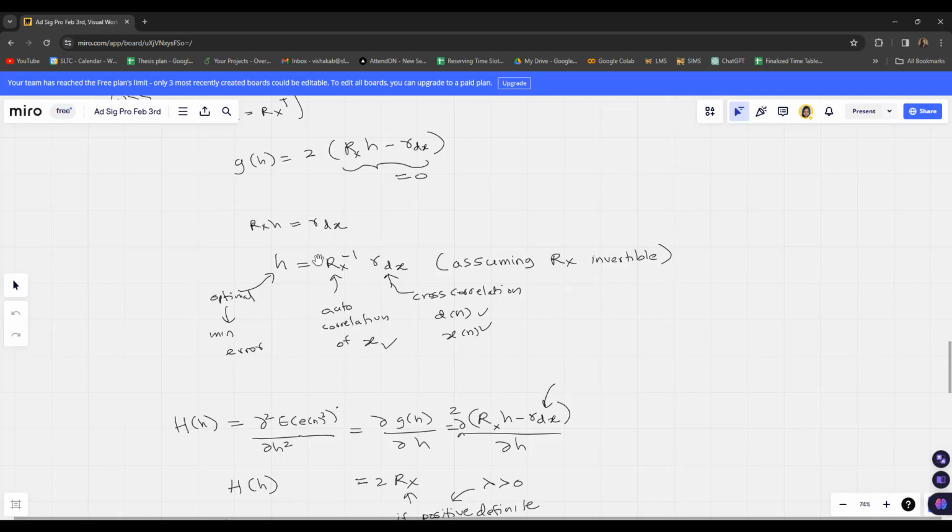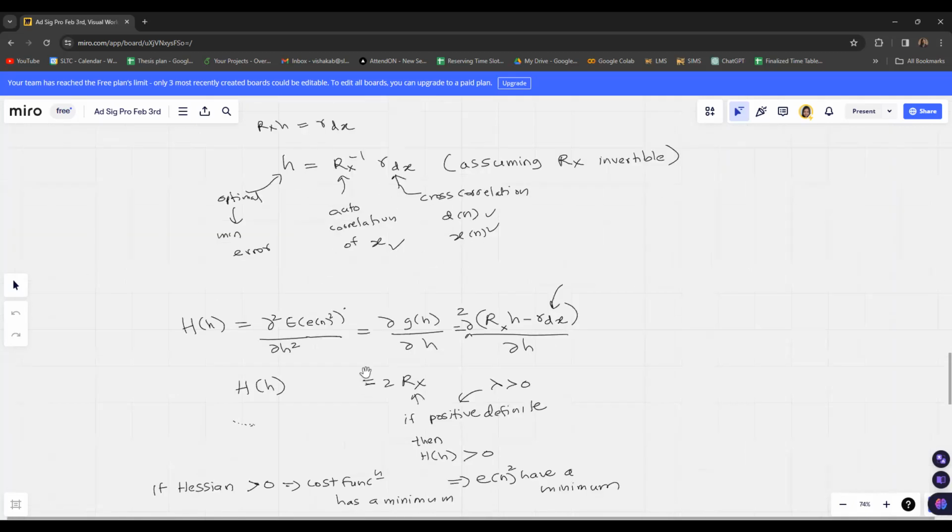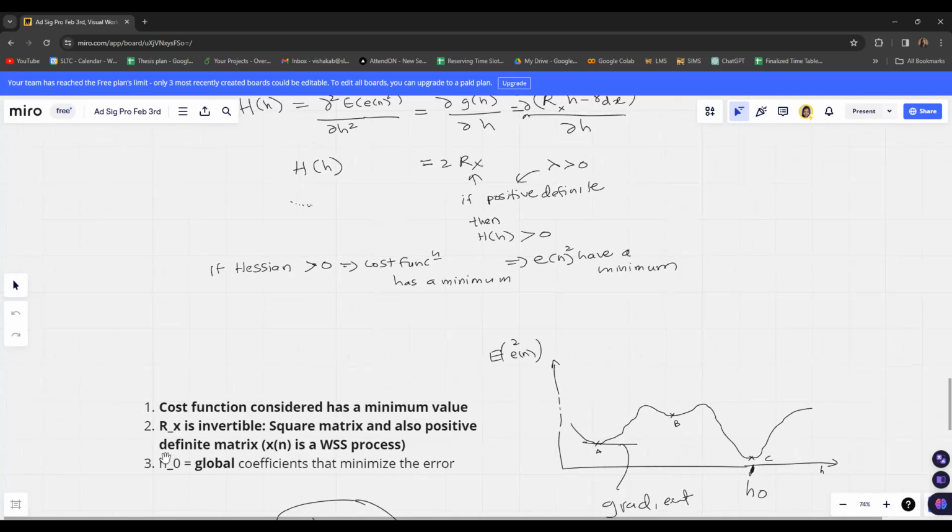In cases where we cannot find this inverse, sometimes we cannot find the optimal filter coefficients. So the inverse must exist for this Rx matrix. Therefore, in order for it to be invertible, it should be a square matrix, and also a positive definite matrix. Therefore, it has positive eigenvalues.